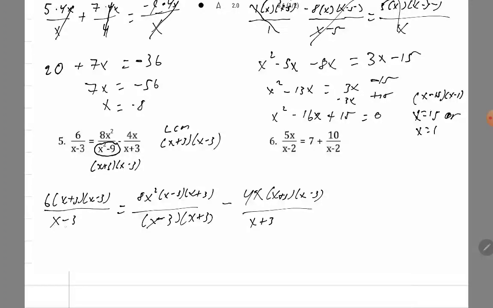Cancel out, so those go away, and these go away. So I'll have 6x plus 18 equals 8x squared minus 4x squared plus 12x. This looks quadratic-like.